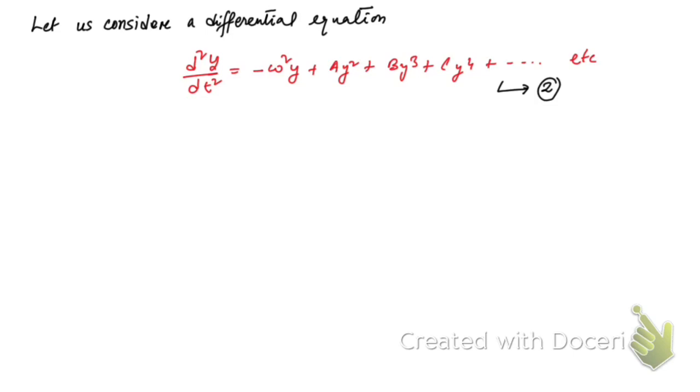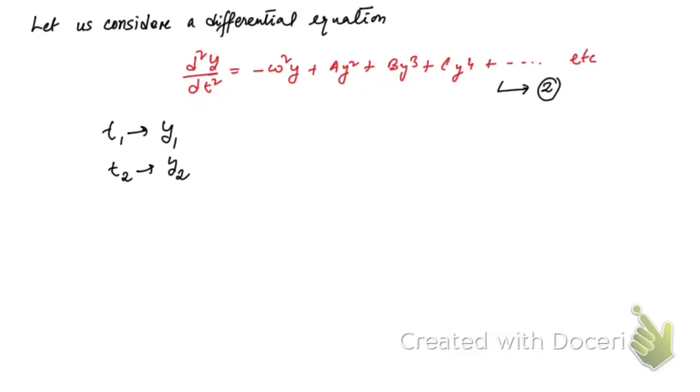If we consider that at an instant t1, y1 is the displacement, that is a solution of this, and at an instant t2 the displacement is y2, that is also a solution of this.